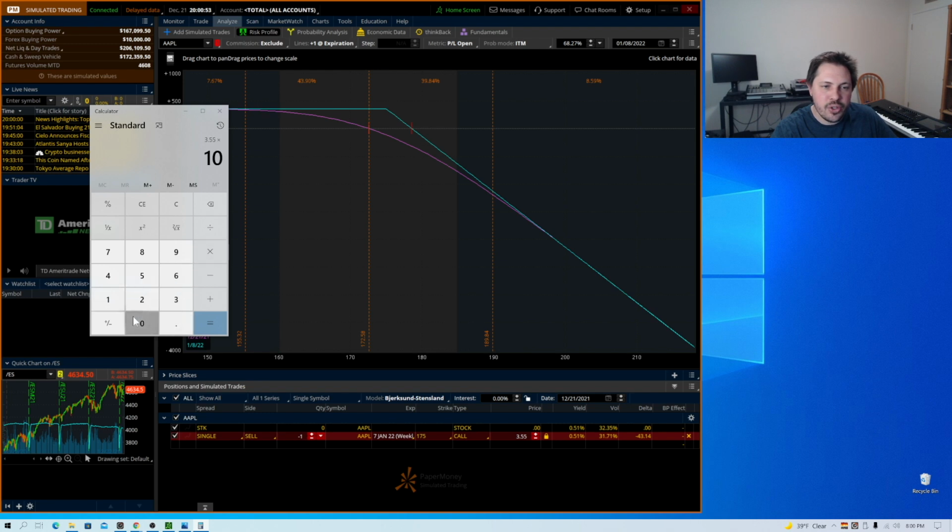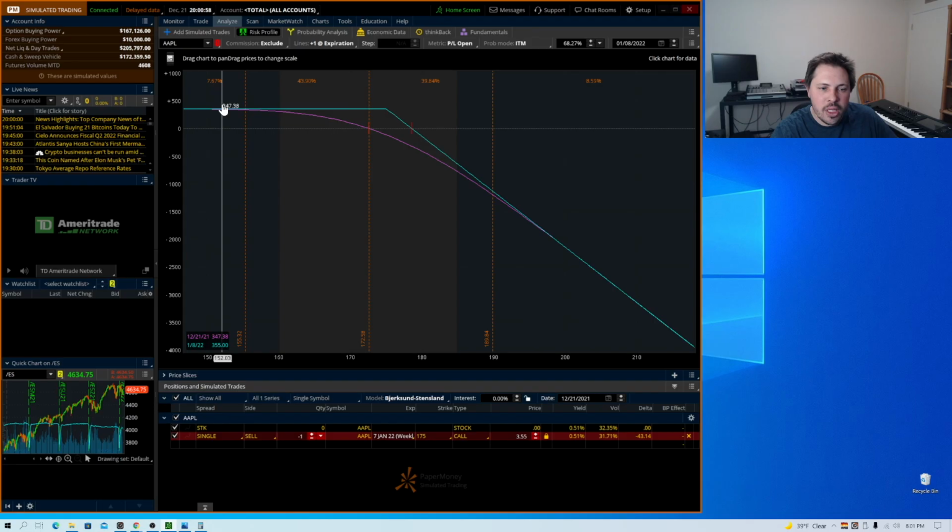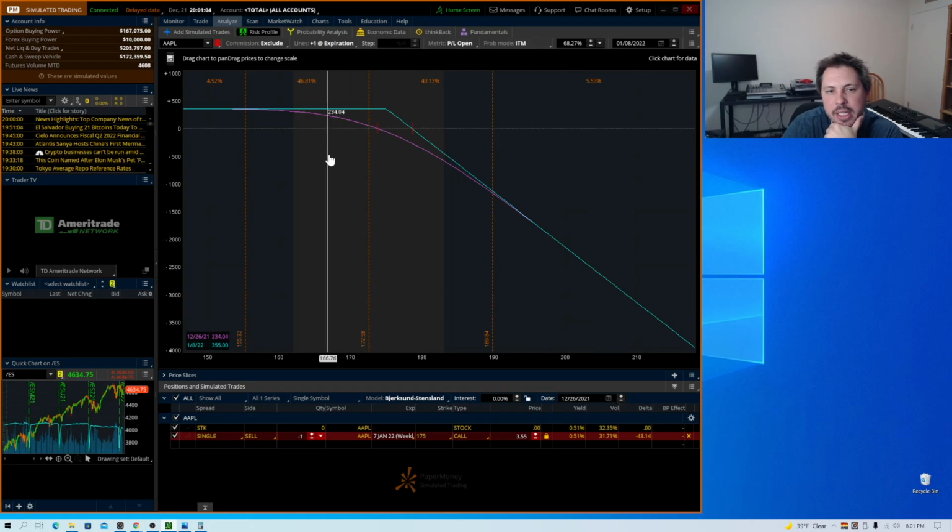Which times 100 shares gives you a credit of $355, right? And again, if we cycle through this date, we can see that this purple line, our time value, approaches the blue line, which is the intrinsic value of the option at expiration, right?